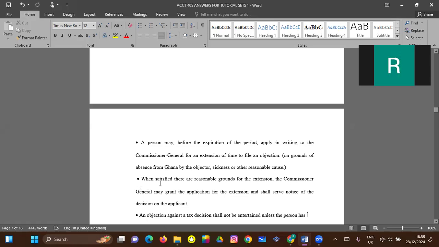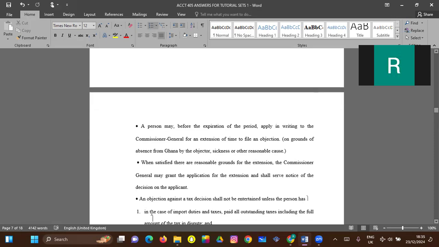Fourth, when satisfied there are reasonable grounds for the extension, the Commissioner General may grant the application for the extension and shall serve notice of the decision.